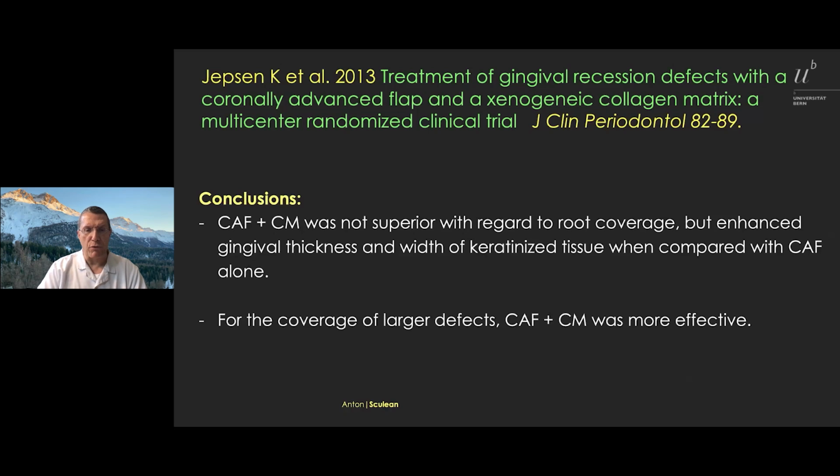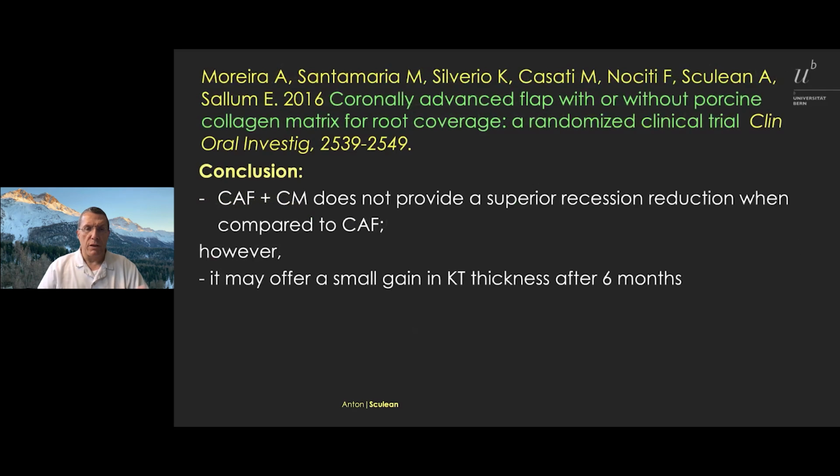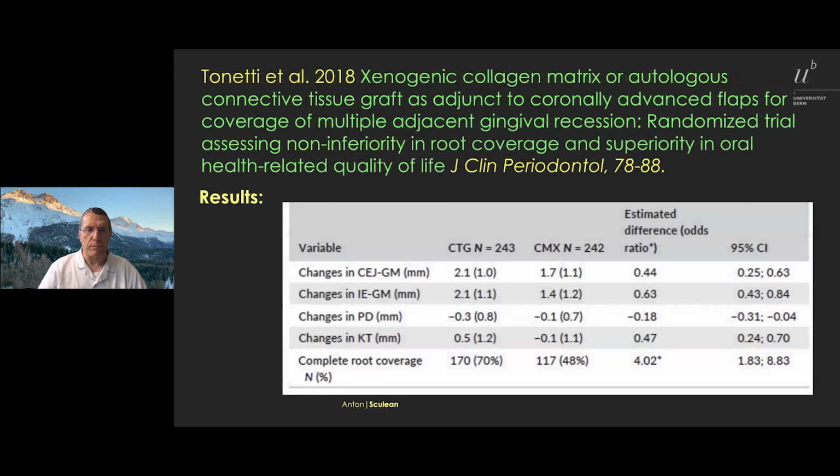And in terms of coverage of large defects, the collagen matrix was more effective than a coronal advanced flap alone. The same findings were reported by the group of Moreira and Salum in 2016, and they also reported an additional small gain in keratinized tissue thickness after 6 months.